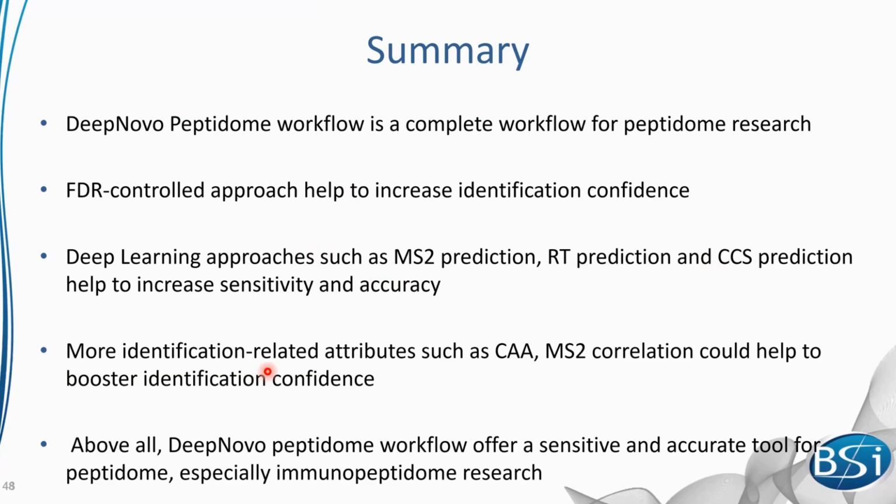And if we want to get more accurate results, we give you the re-score filter. You can filter on the CCS and on the MS2 correlations to get a more accurate result. Above all, our workflow is a sensitive and accurate tool for peptide research.